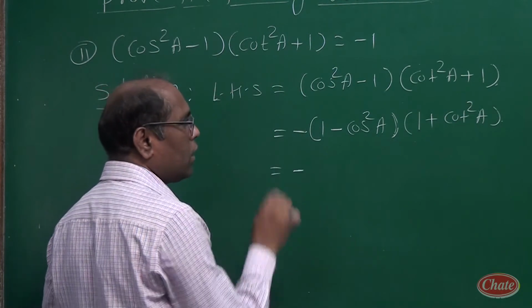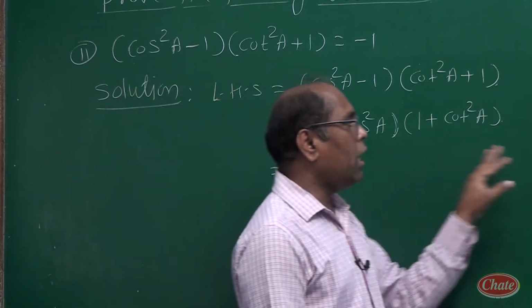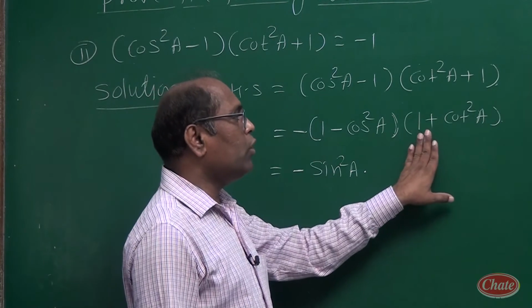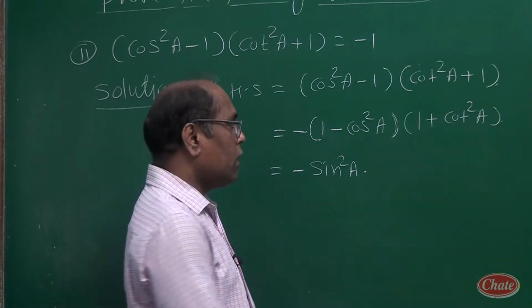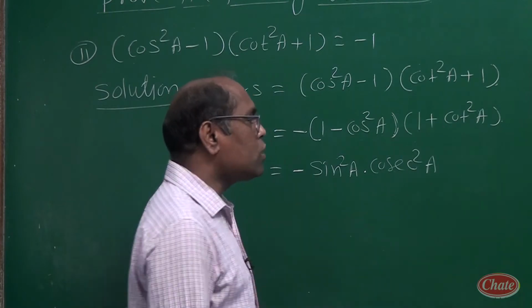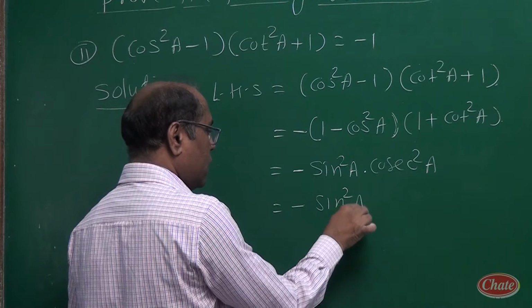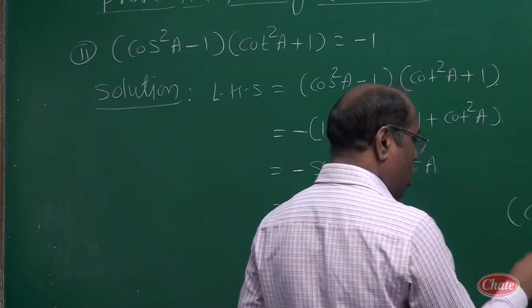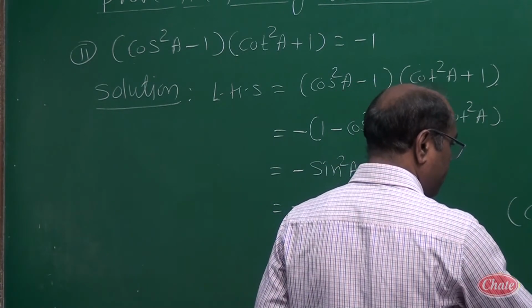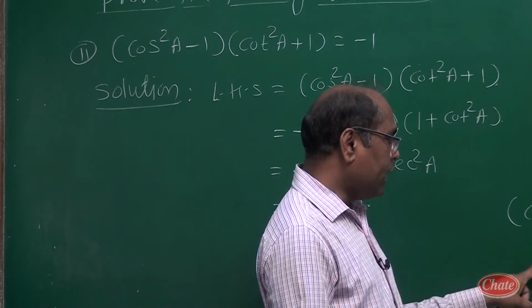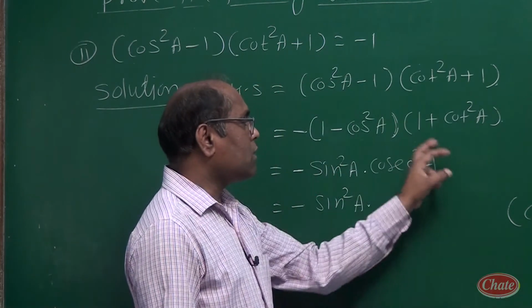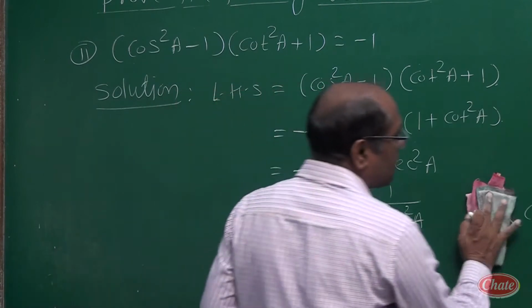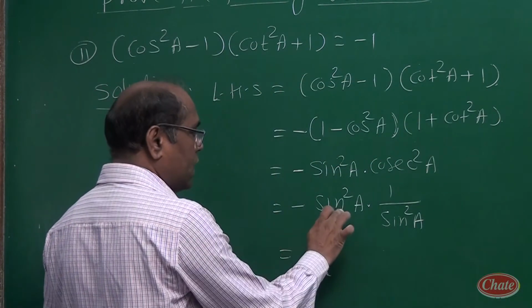So that is equal to minus. Now what is 1 − cos² A? 1 − cos² A is equal to sin² A. And we know by the identity that 1 + cot² A is cosec² A. So that is equal to minus sin² A into cosec² A. Now we know that cosec θ is 1 upon sin θ, so cosec² A can be written as 1 upon sin² A. So sin² A gets cancelled.